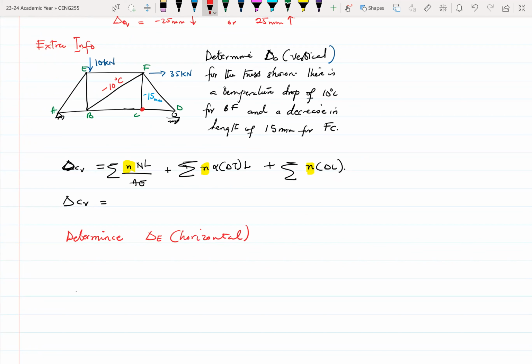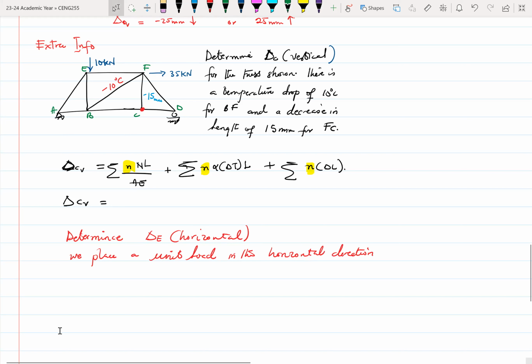What it simply means is that we place a unit load in the horizontal direction. Okay. So it could be going towards the right, it could be going towards the left. That's entirely up to us which direction we decide it to be in.